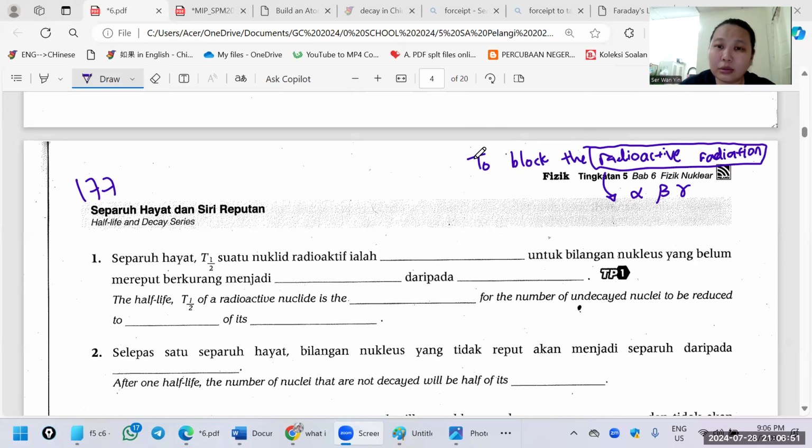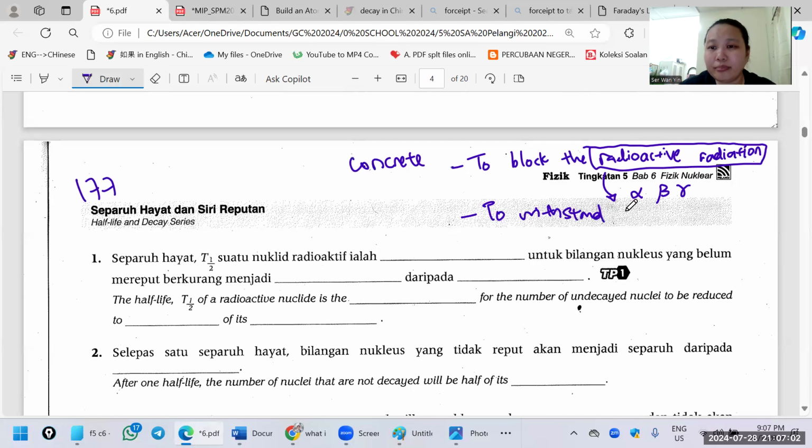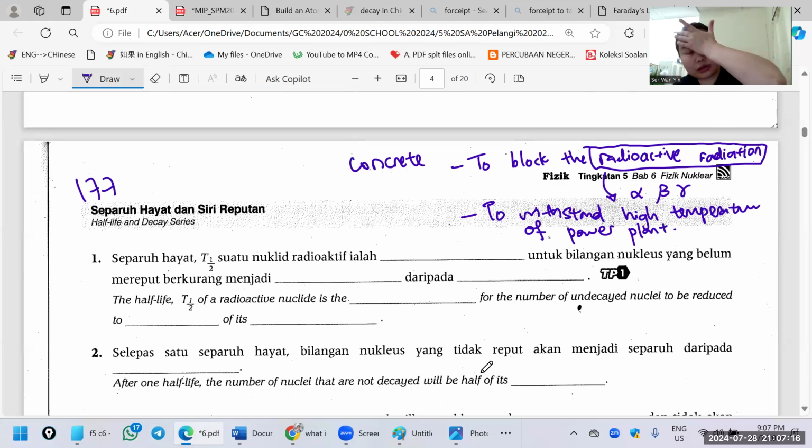Can also block the radioactive radiation. Concrete can also withstand the high temperature of the power plant. Okay. Actually, we use it to block the radiation.